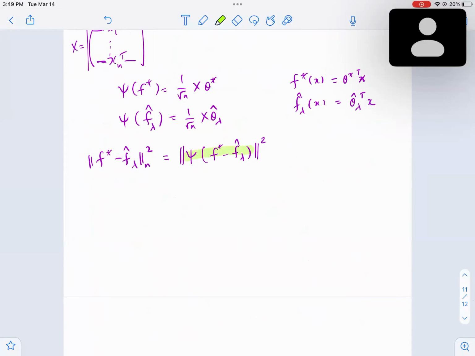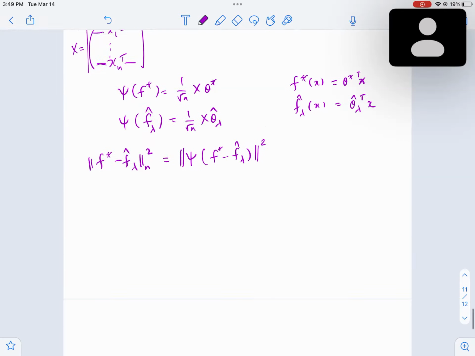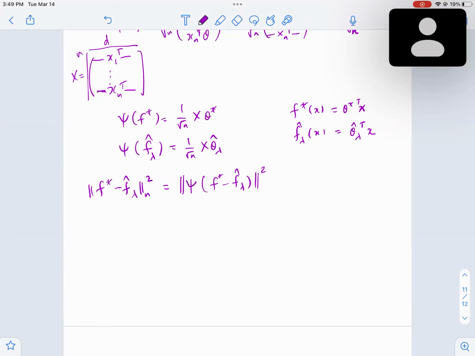Right? And then I argue very easily, you can argue that this is that minus this guy. Actually, I don't really need to do that. You can also see that f star x minus f hat lambda x is also a linear function, but it would look like this transpose times x.